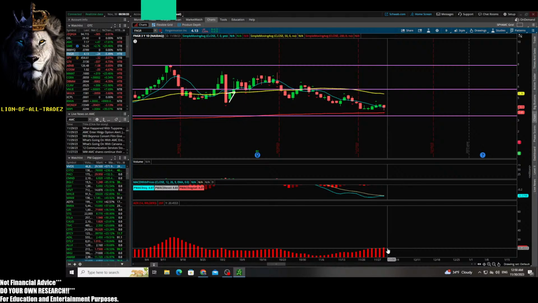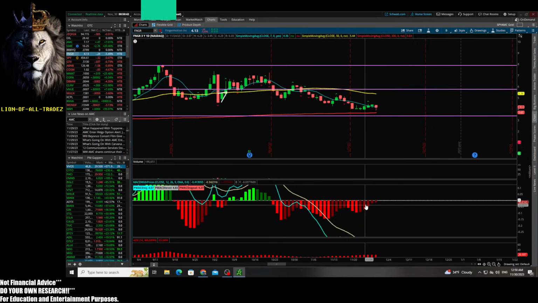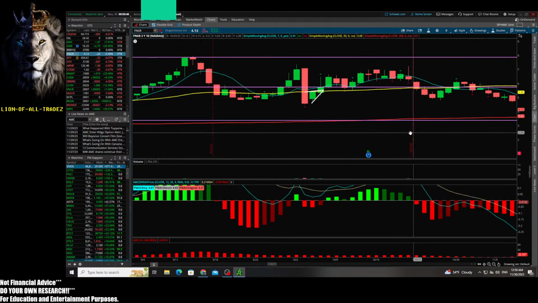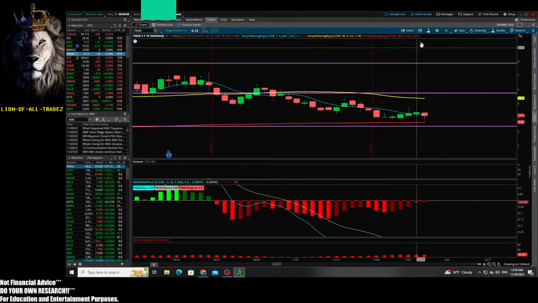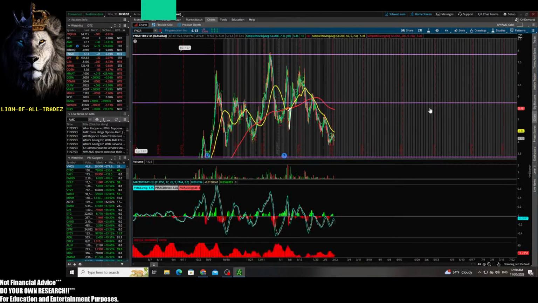But the ADX tells me different. Is it slowly climbing up? This is also climbing up a little bit too. Got a little bounce here. Bounce, bounce, bounce. Like the bounce.